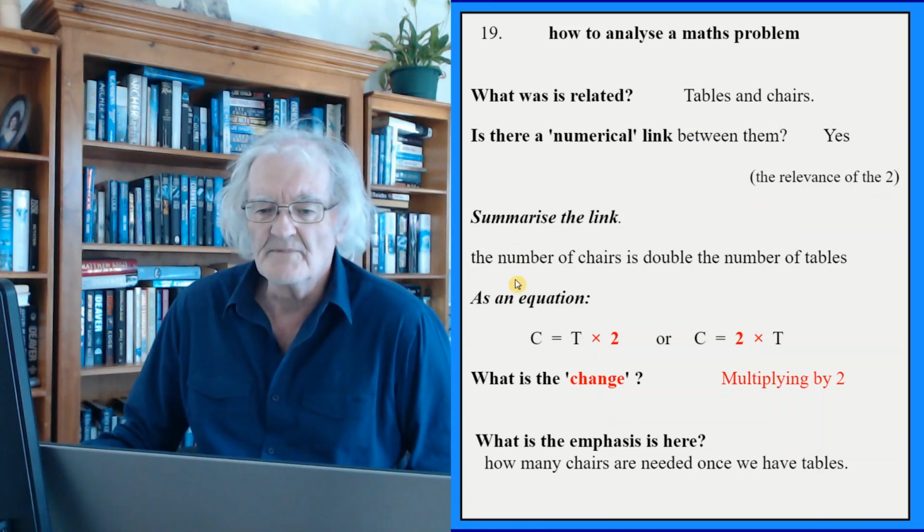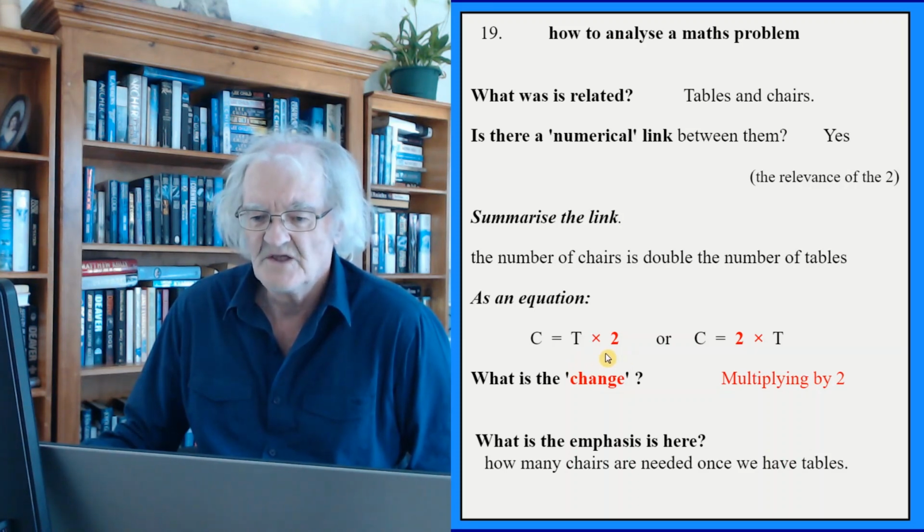So the number of chairs has to be double the number of tables. As an equation, number of chairs is equal to the number of tables multiplied by 2. In other words, doubled. Or we can write it with the 2 before the t. The number of chairs is twice the number of tables.